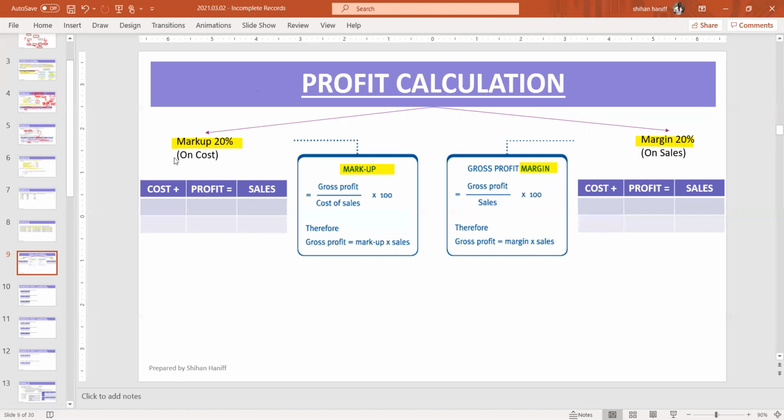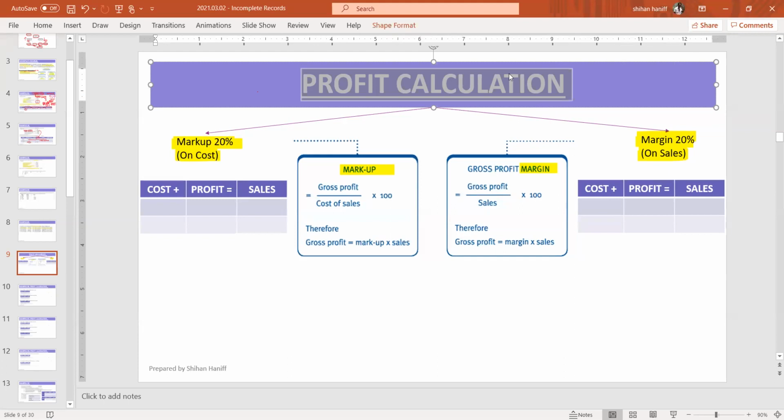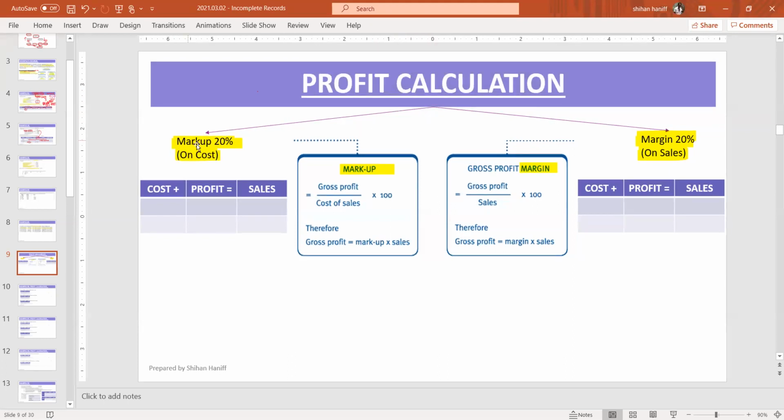Remember, markup means the profit is calculated on cost. Margin means the profit is calculated on selling price, on sales. Markup means the gross profit is on cost. So can you write this in your book? Profit calculation is divided into two, markup and margin.